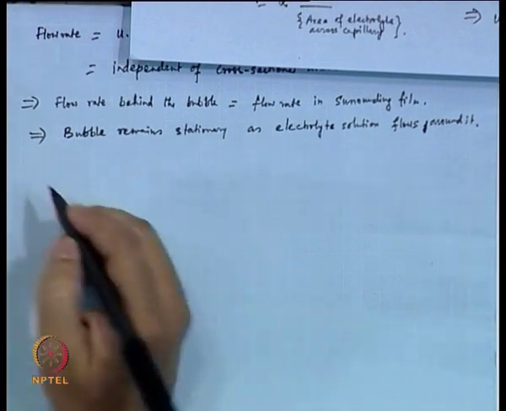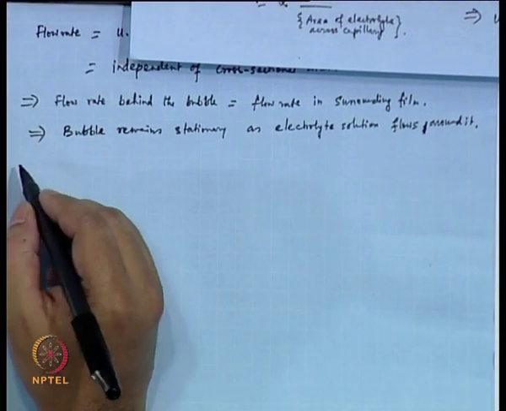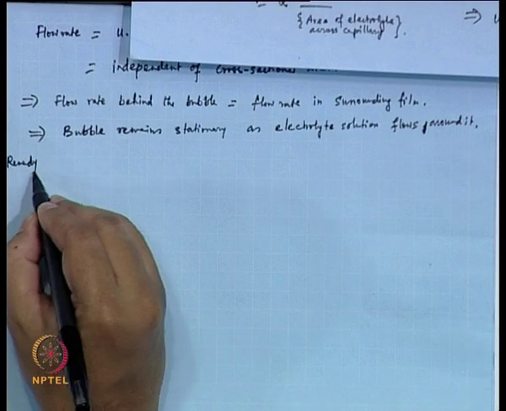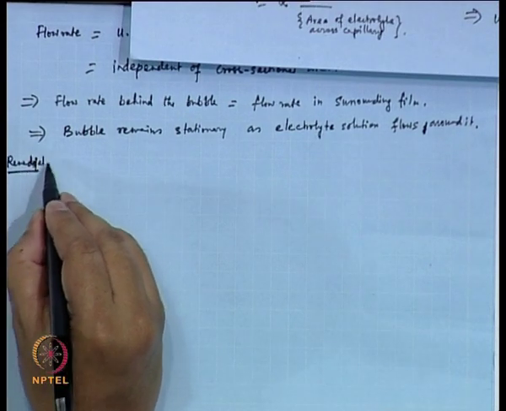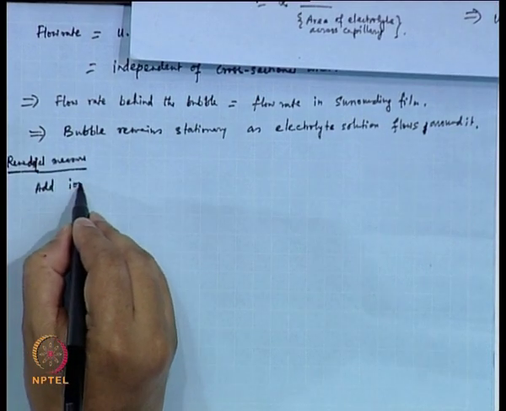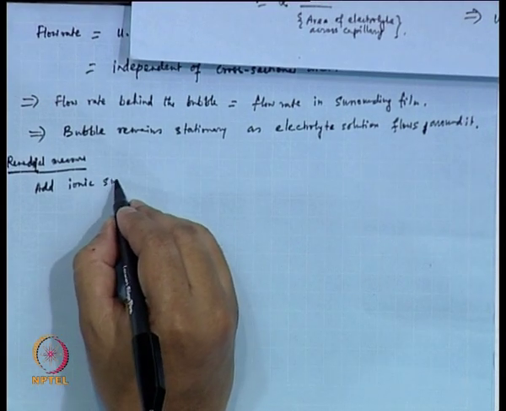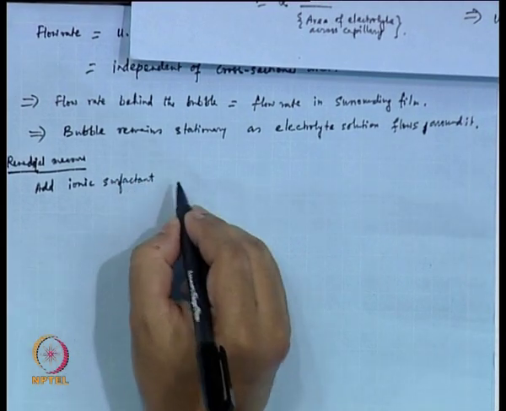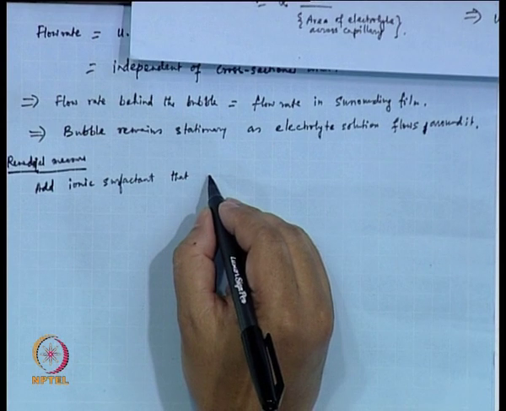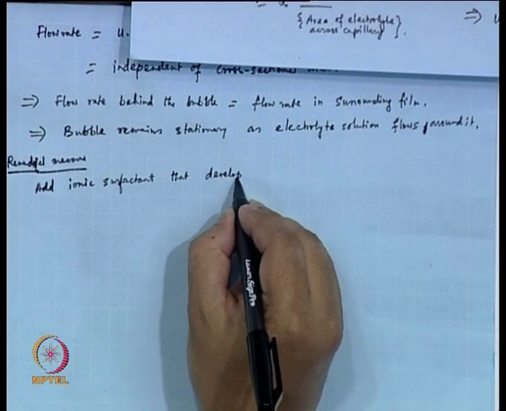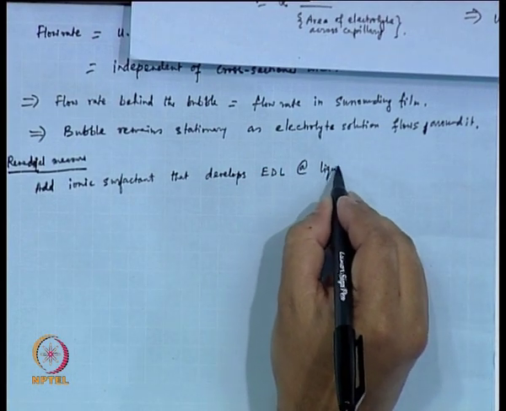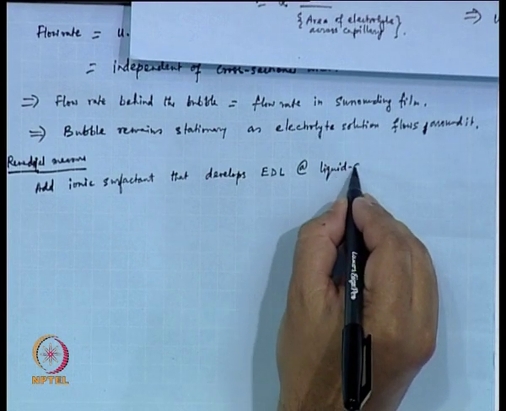So, the remedial measure that researchers have thought about is to add ionic surfactant that develops an electric double layer at the liquid air interface.